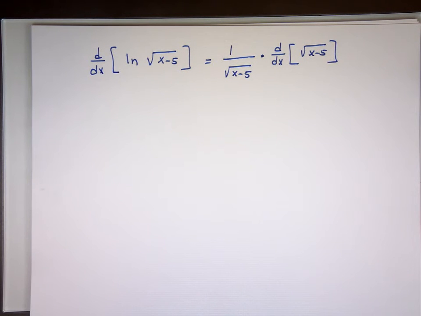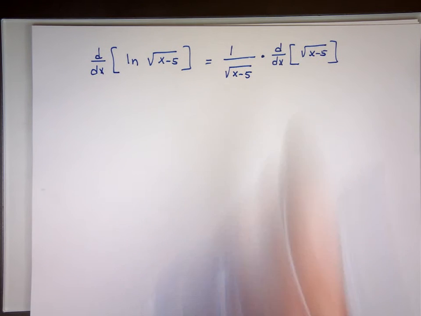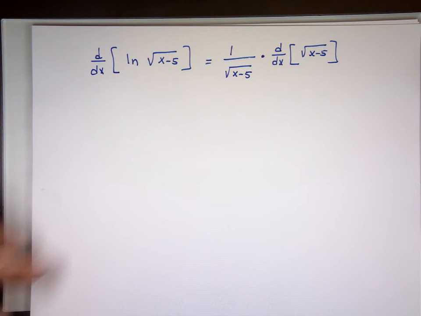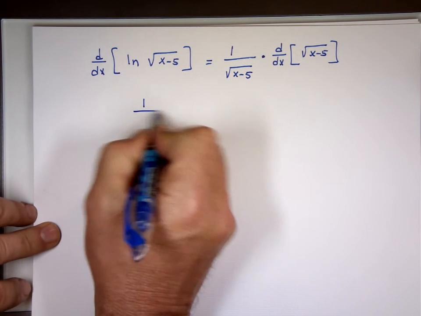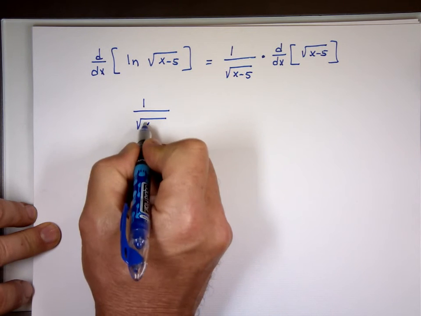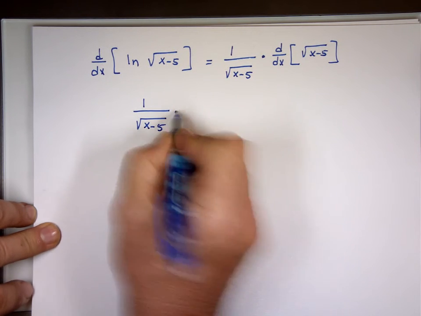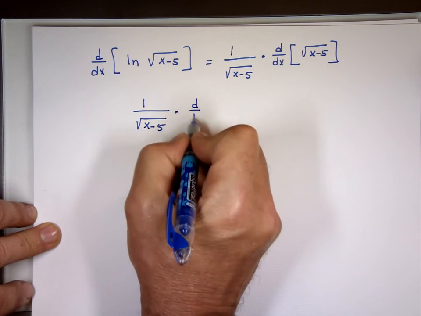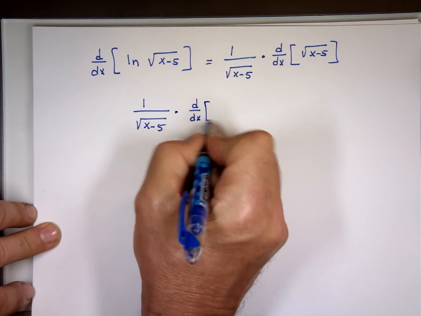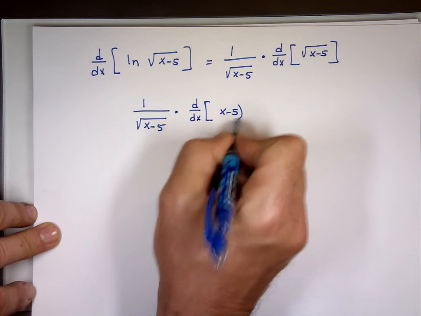What is the derivative of this? What method am I going to use? The extended power rule, yep. So that's 1 over the square root of x minus 5 times the derivative of x minus 5 to what power? 1/2.